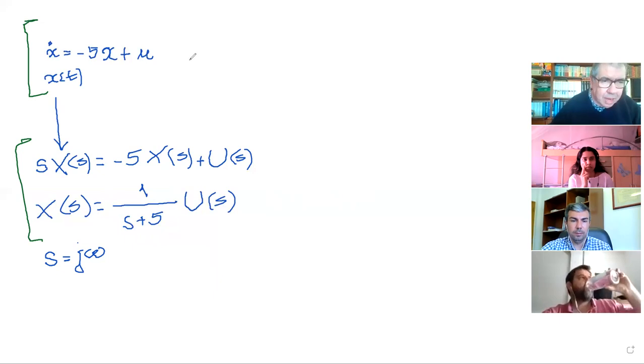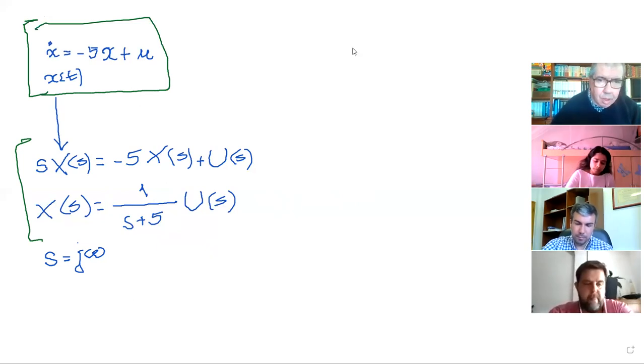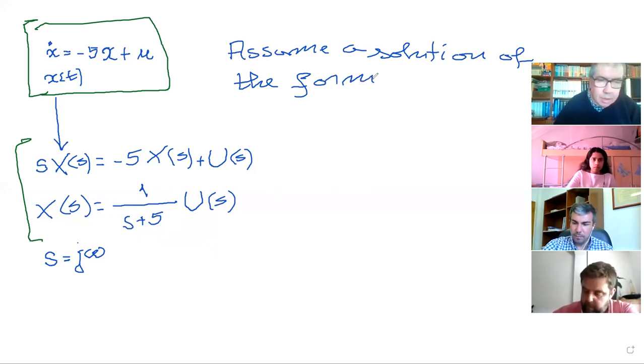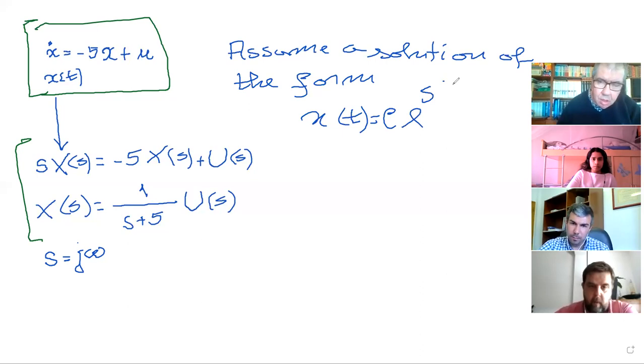So I have, let's start with my differential equation here. And assume a solution of the form: x of t is some constant C times the exponential of st, where s can be complex.